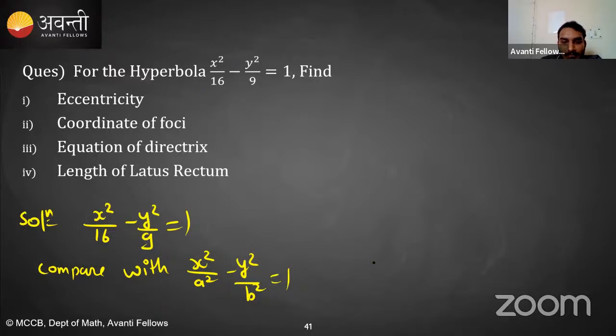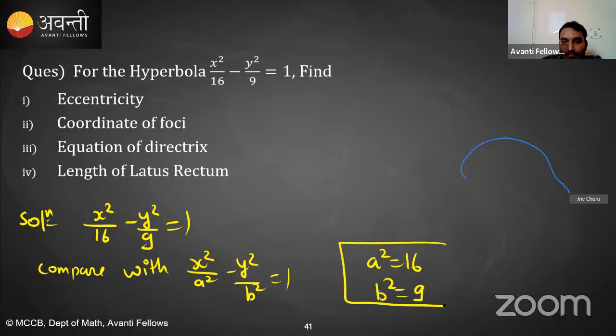What is a square? A square is 16. What is b square? B square is 9. Is this clear? Everyone tell me quickly in the chat box.